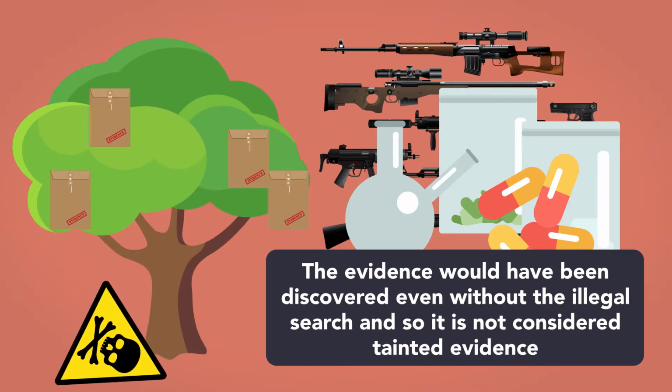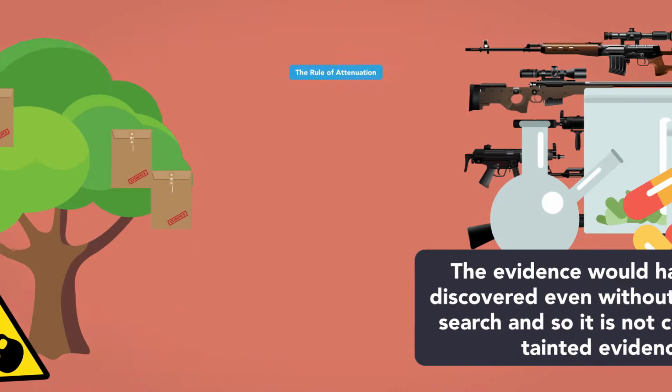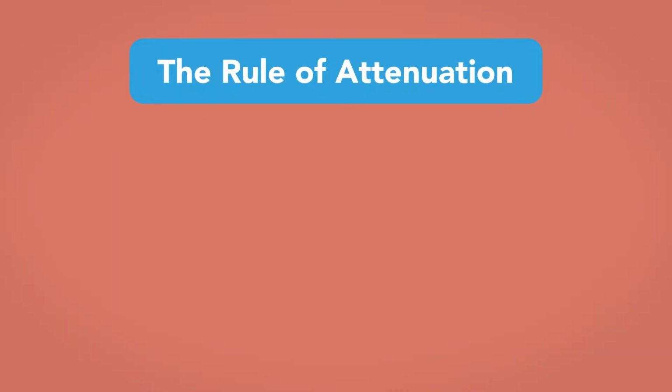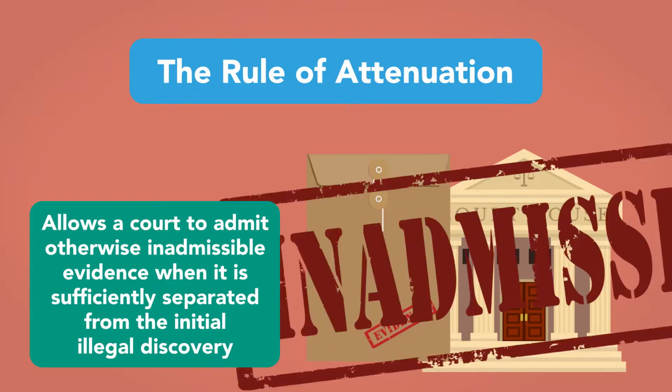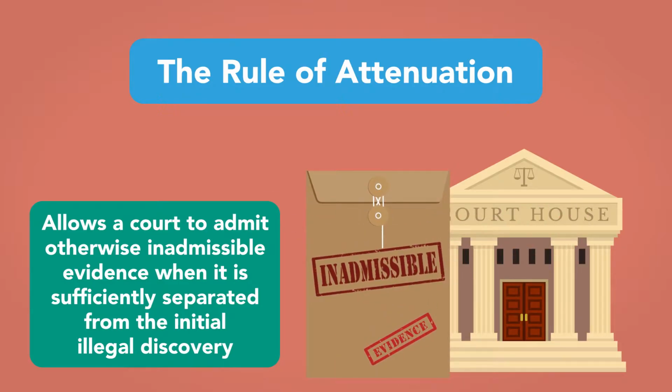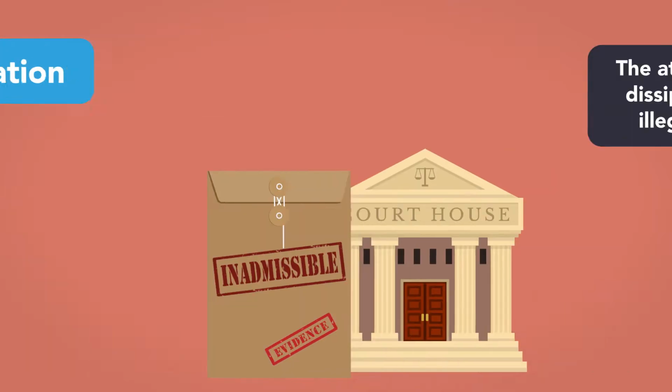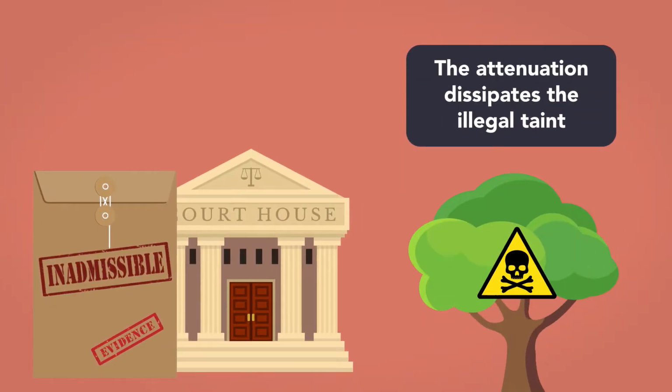The next exception is the rule of attenuation, which allows a court to admit otherwise inadmissible evidence when it is sufficiently separated from the initial illegal discovery of the evidence. This idea is somewhat similar to the independent source doctrine, that the attenuation dissipates the illegal taint. In Brown v.